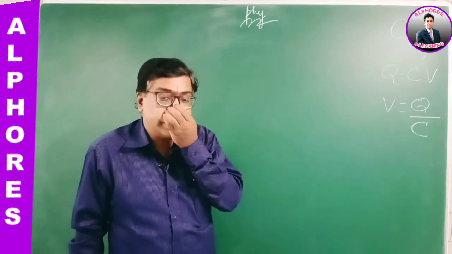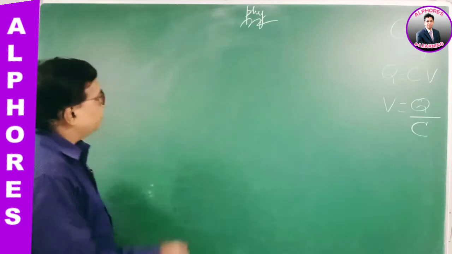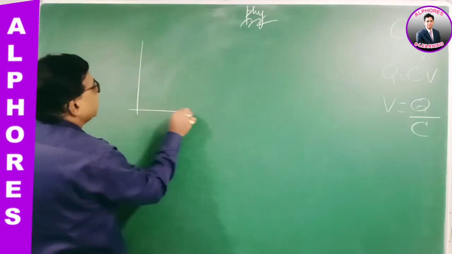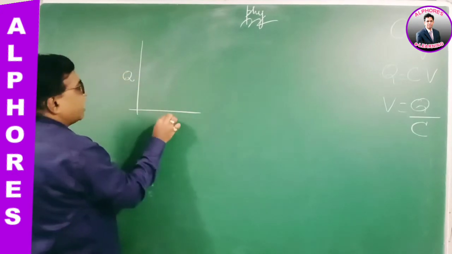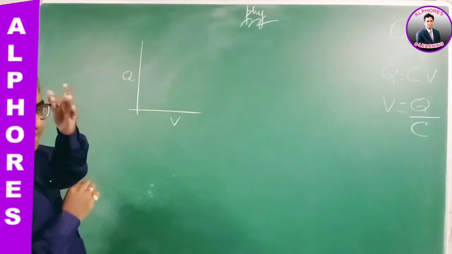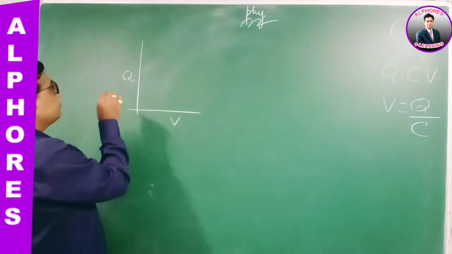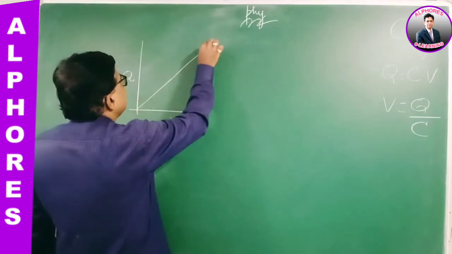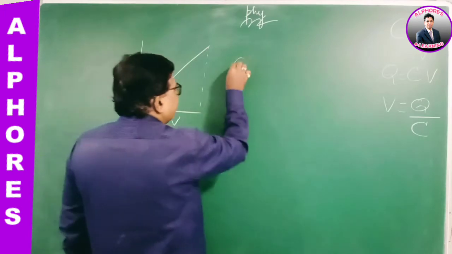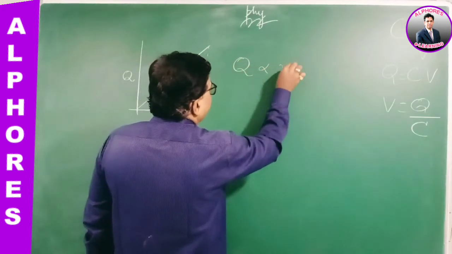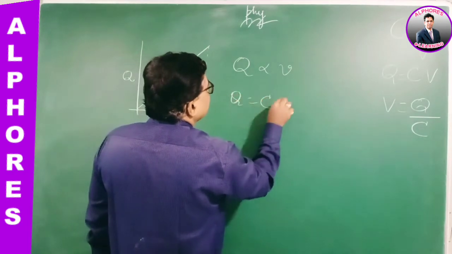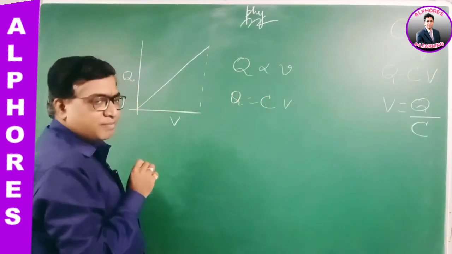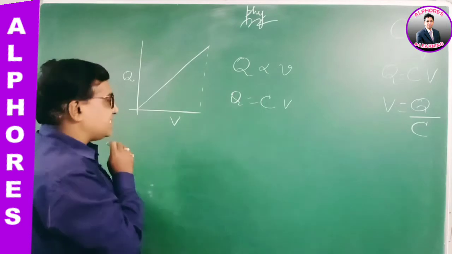Then energy stored in a capacitor. While defining the capacity of a capacitor, we related the charge stored and the potential V. If you draw a graph between charge and potential for a capacitor, charge Q is directly proportional to potential. Q is equal to CV, where C is called the capacitance.